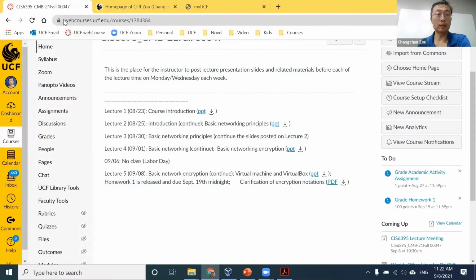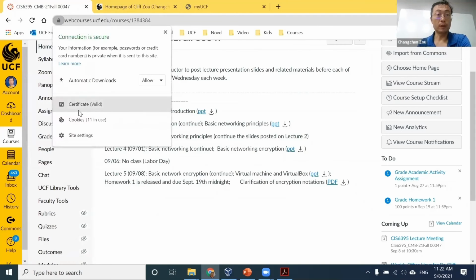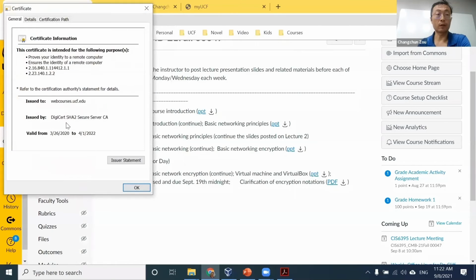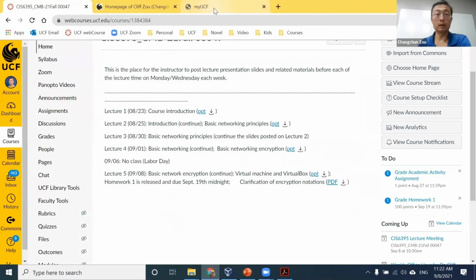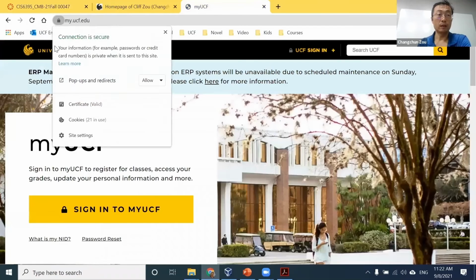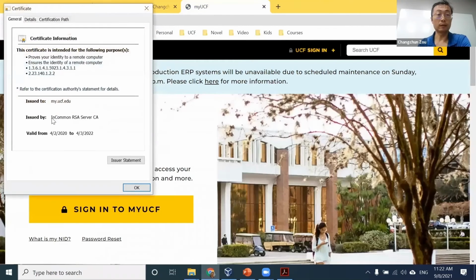And you can see that the web course is using this certificate authority, while my UCF is using another certificate authority. This is in common RSA. So even for UCF, our different websites are using different certificate authorities' certificates. So we are paying an annual fee to different certificate authorities to get these digital certificates.